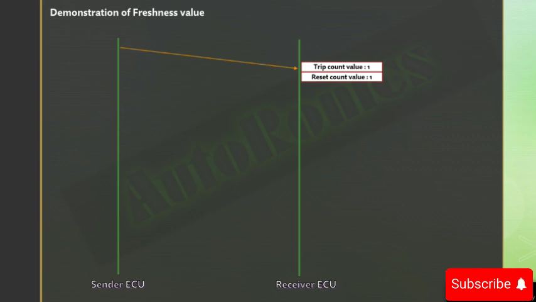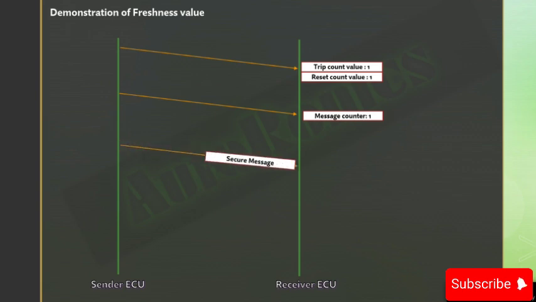Now the receiver ECU will be updated with the trip count value as 1 and reset count value as 1. Now the sender sends the normal secured message and the message counter value will be updated to 1 on the receiver side. And once again the sender ECU sends one more secured message and the message counter value will become 2 now.